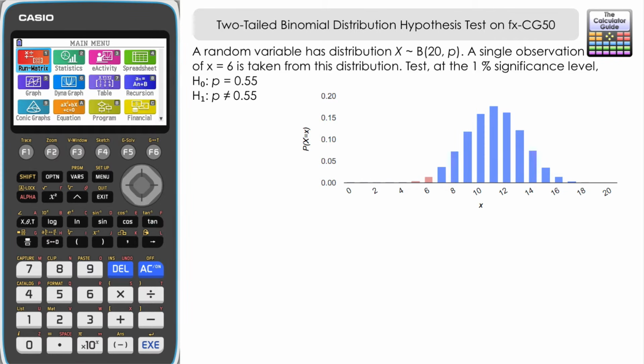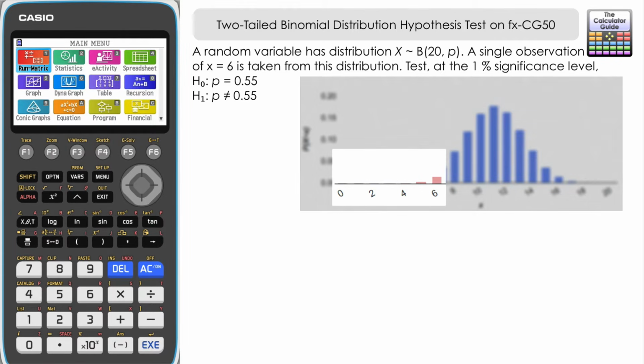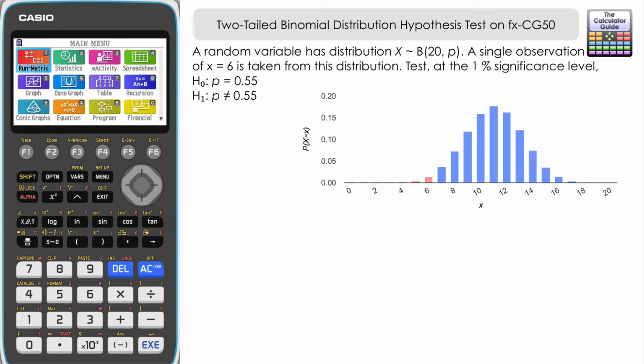You can perhaps just see 6 there, the column for 6. 5, in between 4 and 6, is quite a small bar. And then we've got even smaller probabilities for 0 to 4, barely registering on the graph. They're going to be very small probabilities, but we must include them. So our lowest value is going to be 0, and our highest value is going to be 6 that we're going to be testing on here.